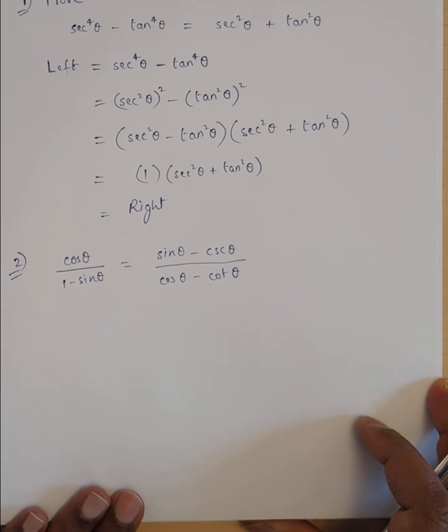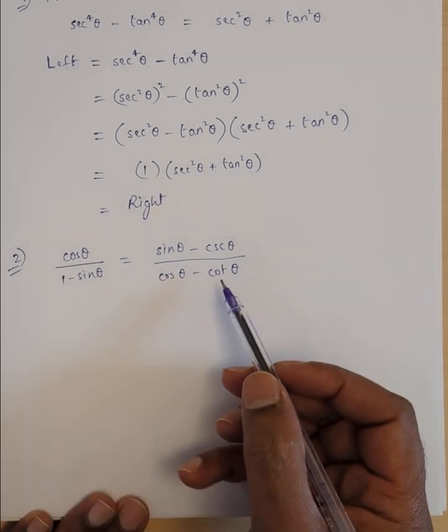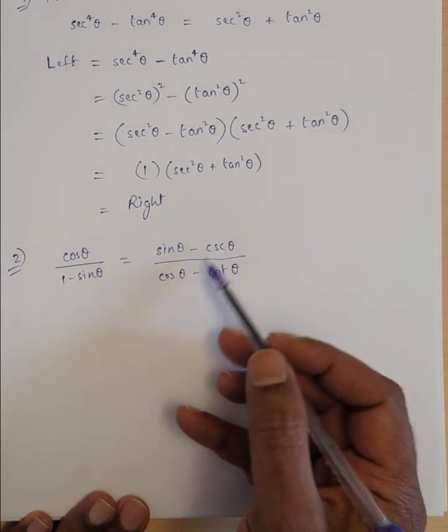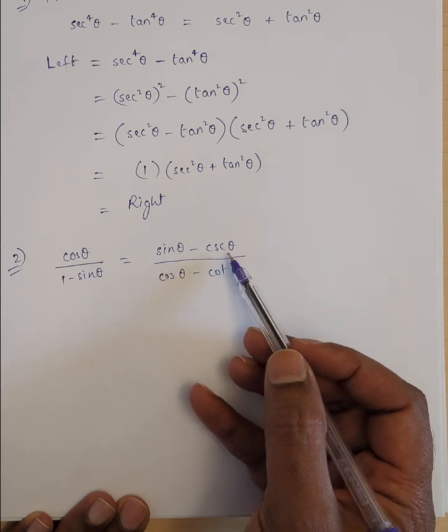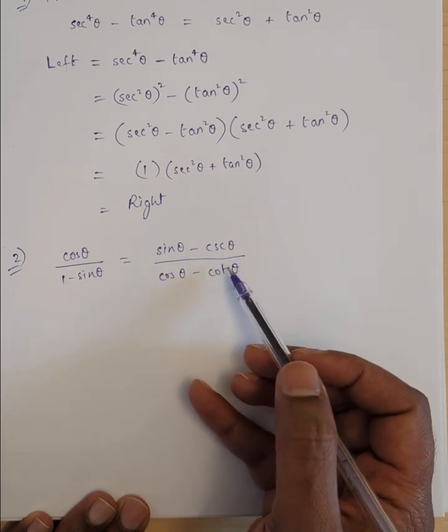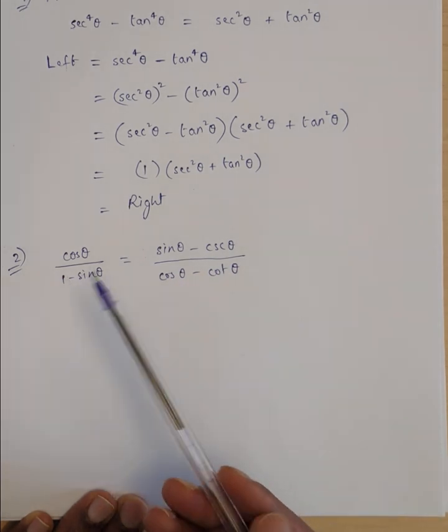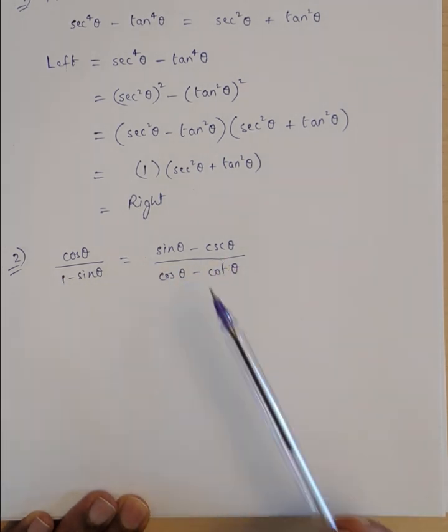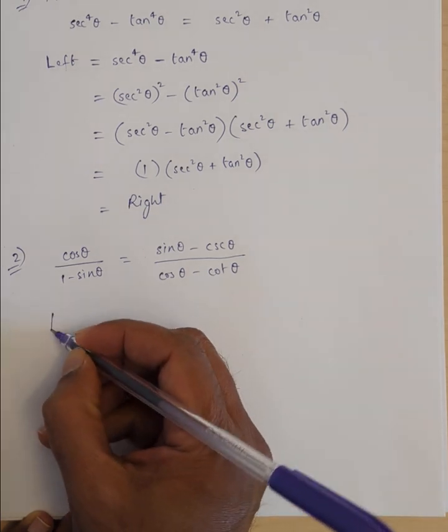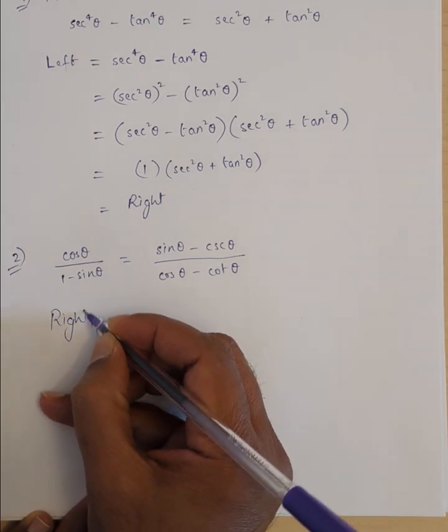Now, when I look at this problem, it looks like I want to start on the right side because the right side has cosecant and cot, which could be converted to sines and cosines. If I started at the left, I don't see a way to arrive at the right side. But maybe I want to start on the right side of the equation.